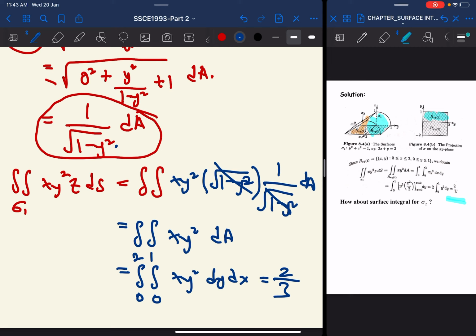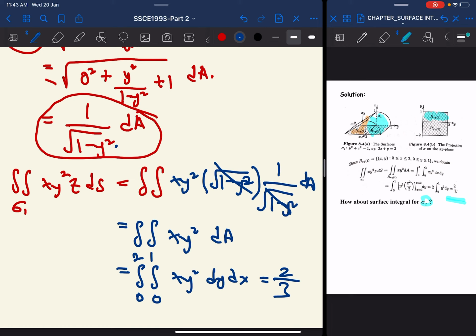But how about the second surface? I would like you to figure it out on your own for the second surface, which involves the plane 2z plus y equal to 2.